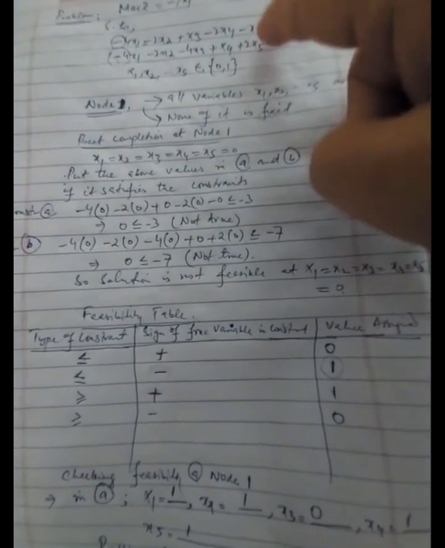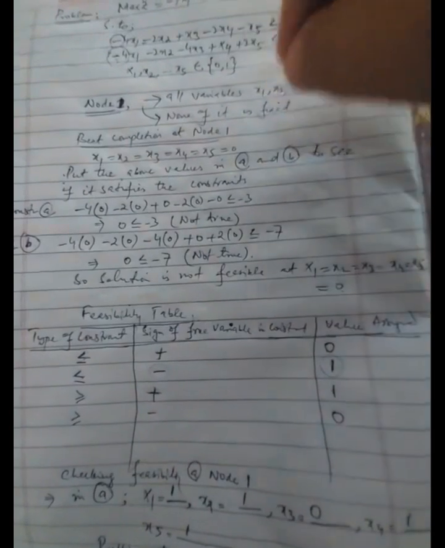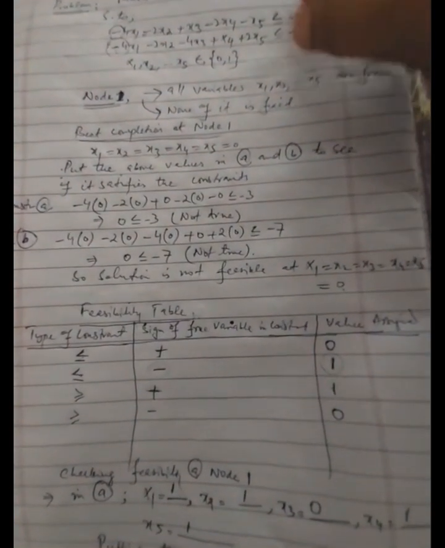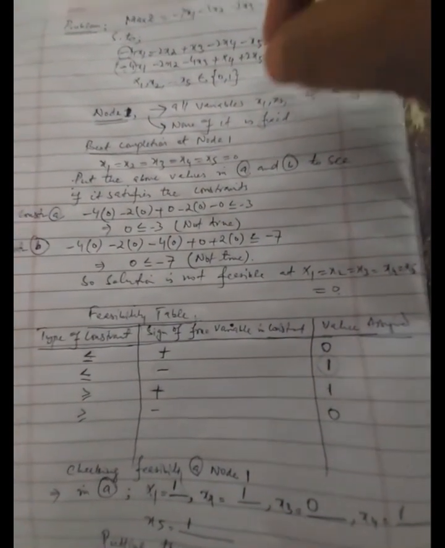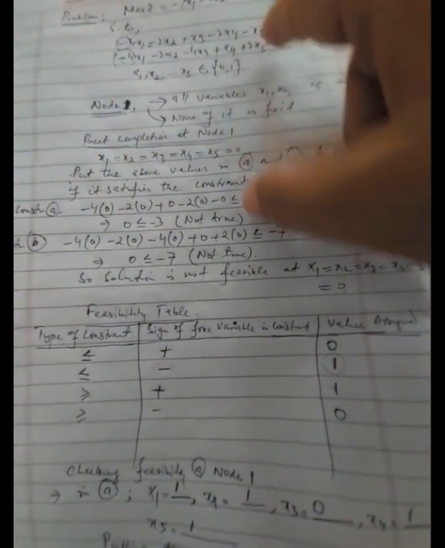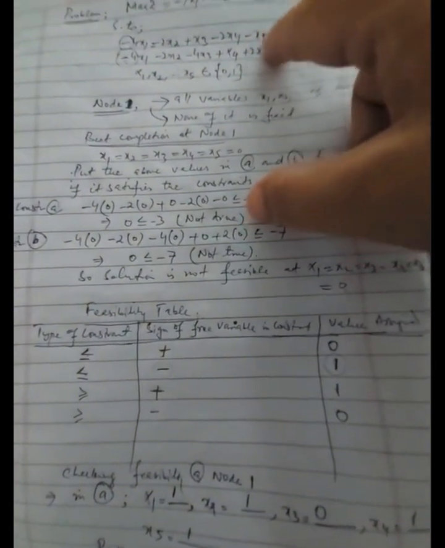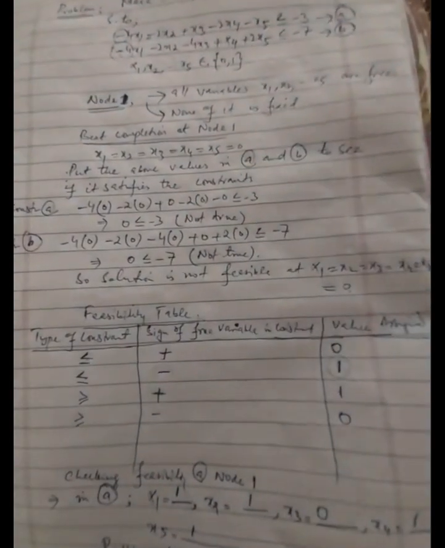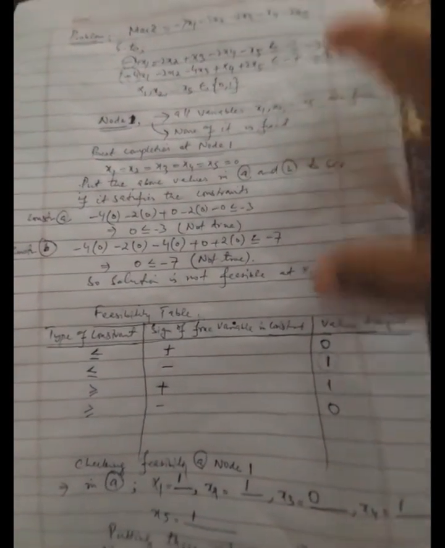A feasible solution is one that satisfies all the constraints. We have two constraints here, so we will put the values in each constraint and see if it satisfies constraints A and B or not.